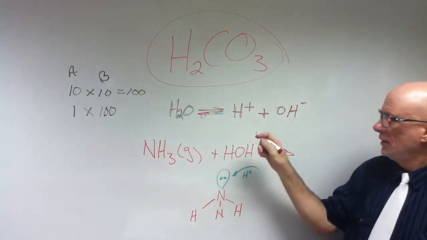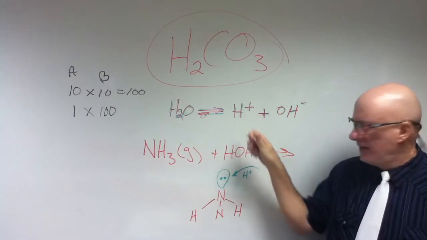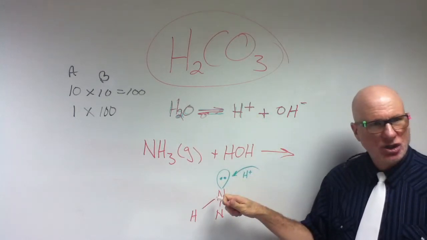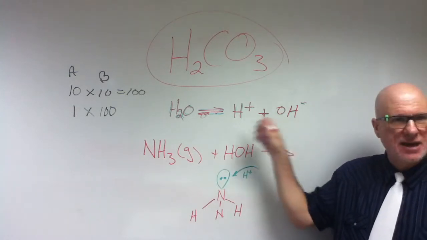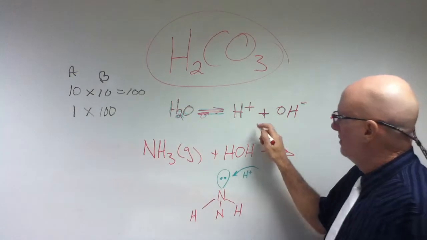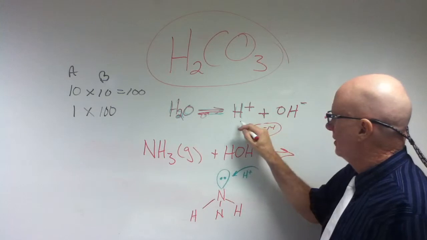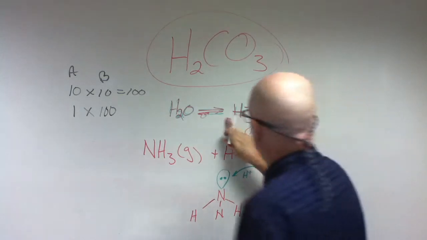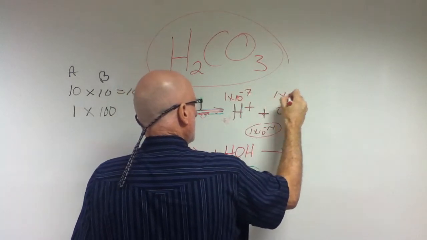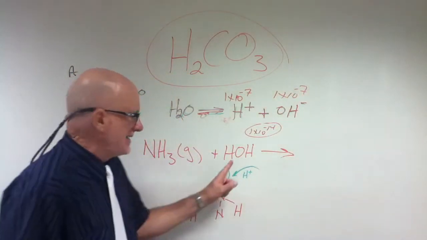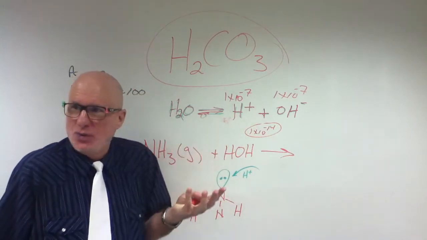So if I'm taking some of this and putting it here, which way am I shifting? What am I increasing? Remember, this has to be 1 times 10 to the negative 14, right? This is 1 times 10 to the negative 7. So if I take some of the hydrogen away, what must I have to do?